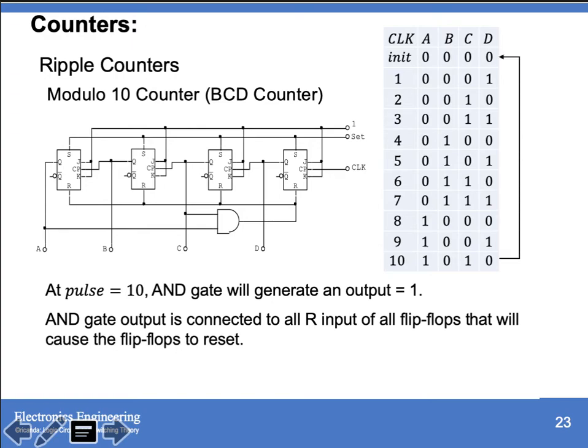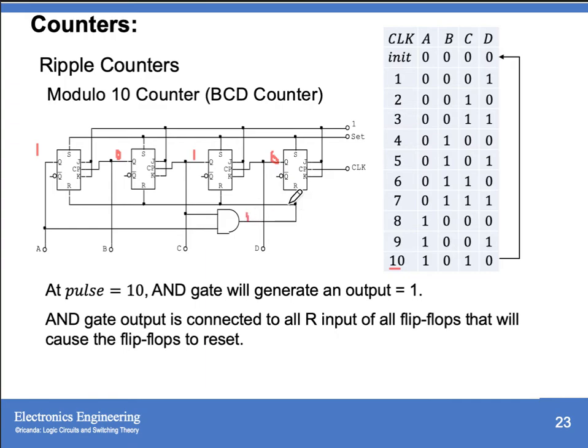At 10, as you can see, it will go back to the initial value because at 10 we have 1, this is 0, this is 1, and this is 0. Since this is connected to your AND gate and also to your AND gate, so we have a 1 here.